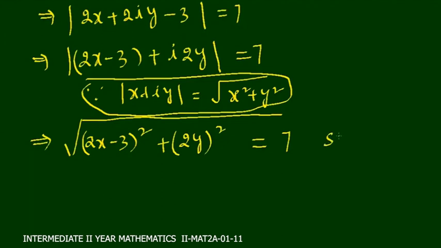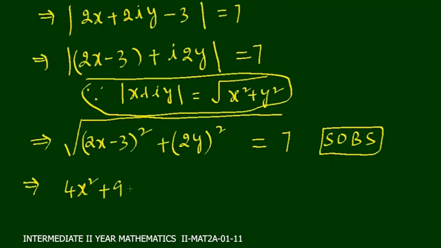Now squaring both sides, the root will get cancelled, and expand this using a minus b whole square. This is 4x square plus 9 minus 12x, and this is 4y square, and 7 square is 49.